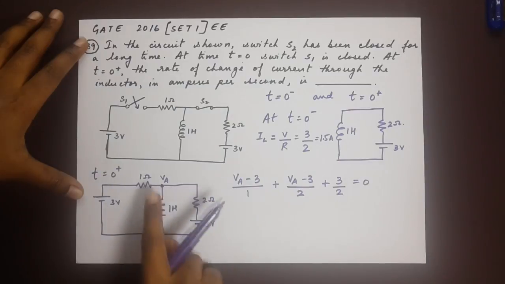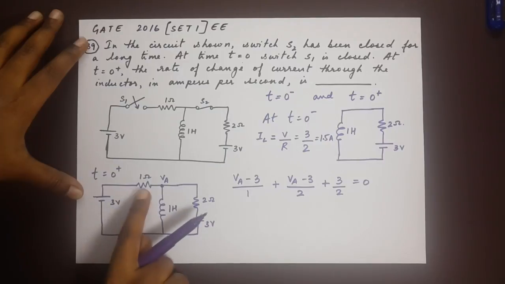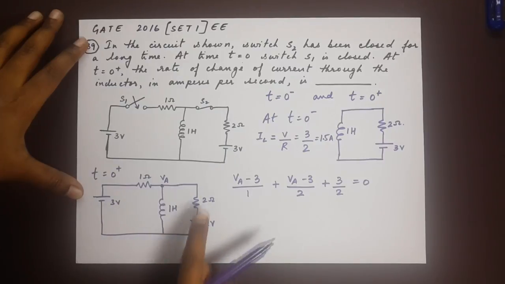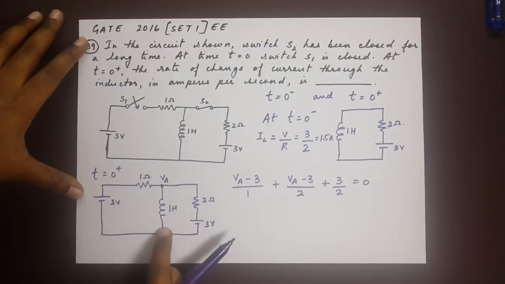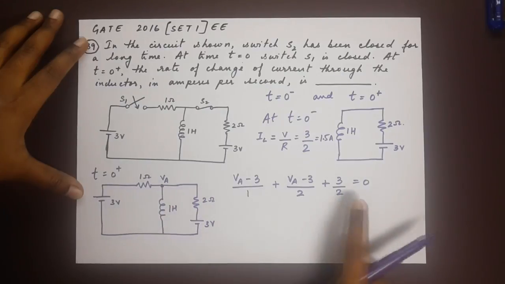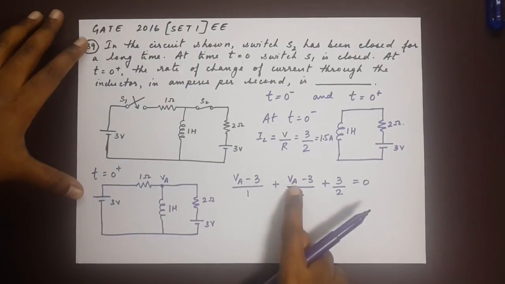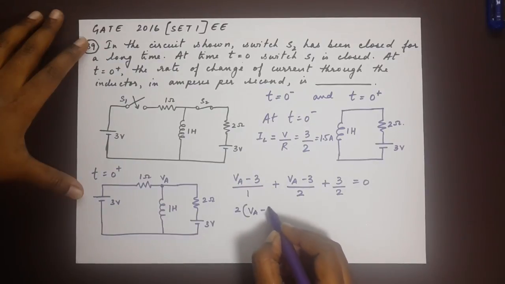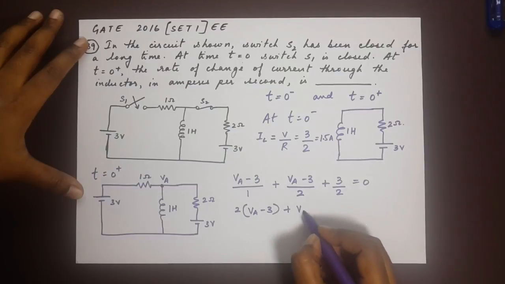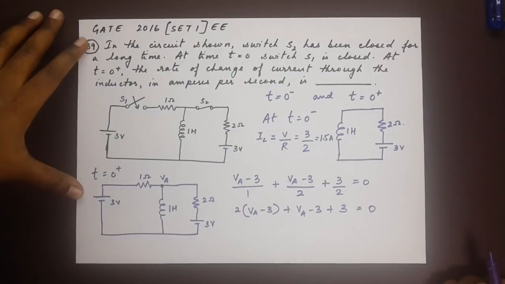So we have 3 parts in this nodal equation. VA minus 3 divided by 1, VA minus 3 divided by 2, plus the current through this branch over here, which is 3 by 2, is equal to 0. We equate the entire equation to 0. Now let's solve VA from this equation. So we can write this as 2 into VA minus 3 plus VA minus 3 plus 3 is equal to 0.